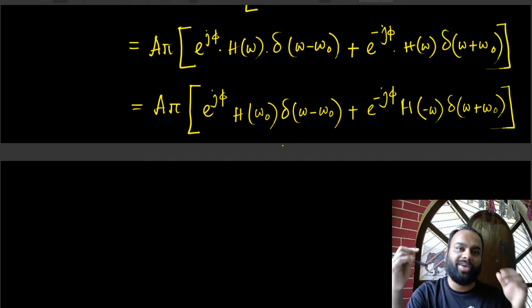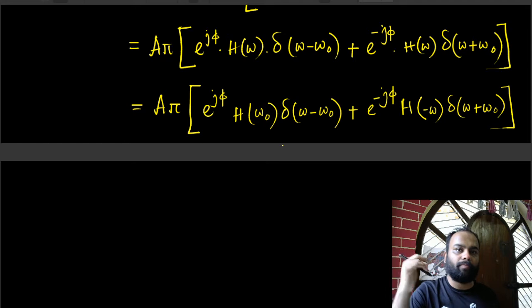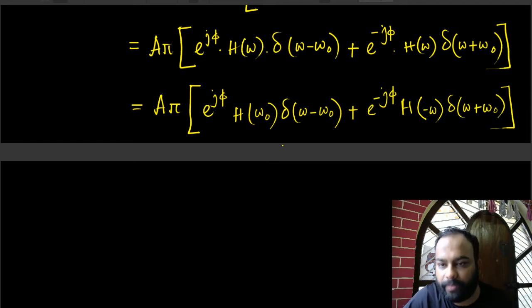Again, feel free to ask any question that you probably have here. Now try to understand that this is no longer a function of omega. This is also no longer a function of omega, right? This entire thing is a constant, entirely irrespective of omega.